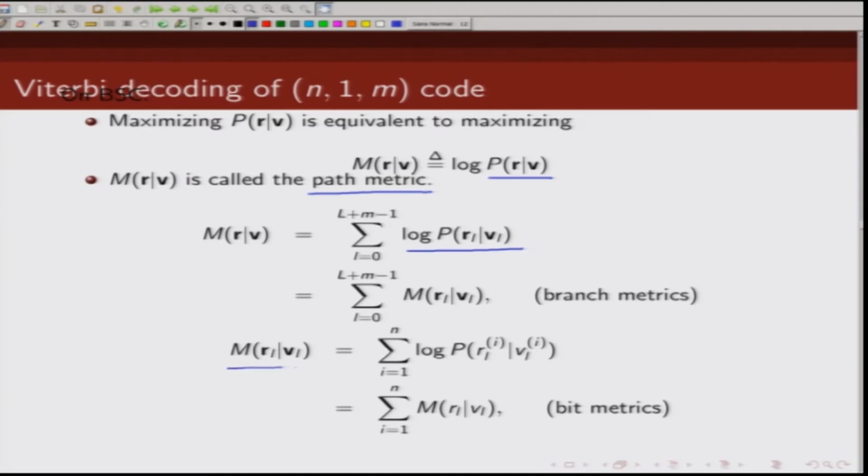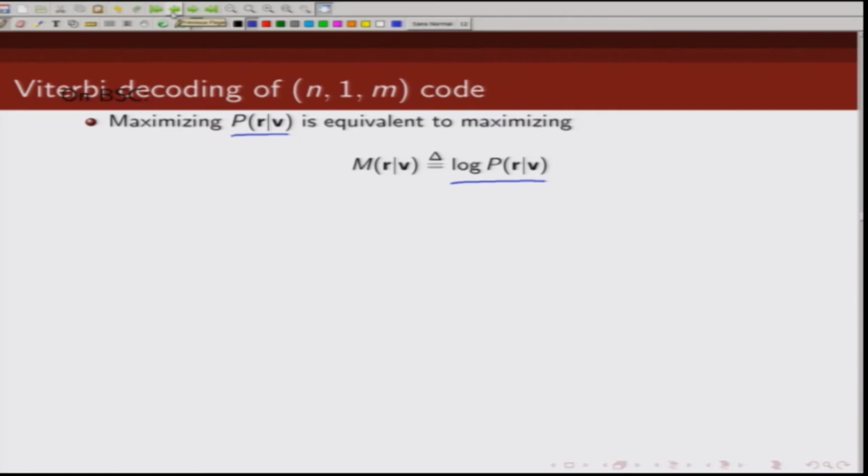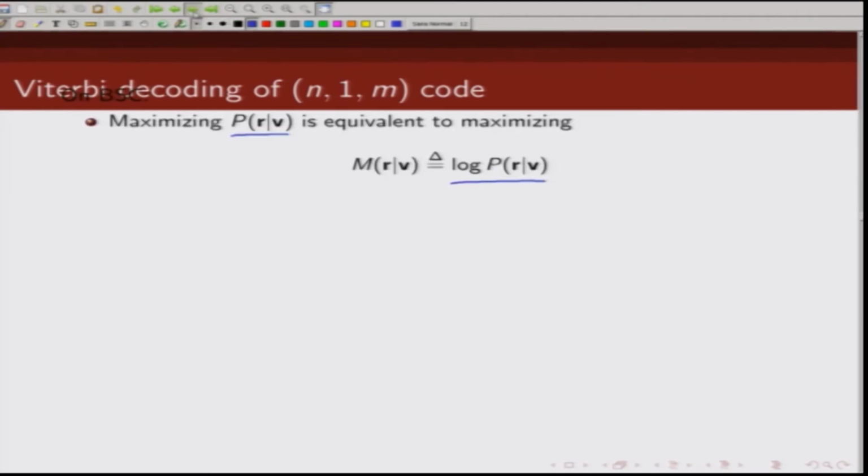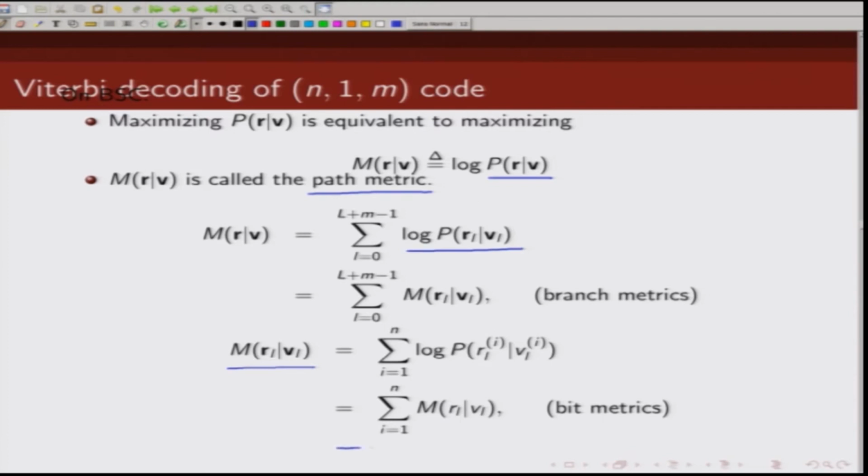Further, the branch metric can be written in terms of the bit metric. Now, we know what is the probability of Rl given Vl. This is given by this expression. So, if we take a log of this, again this product term will become summation. So, what we would get is this.